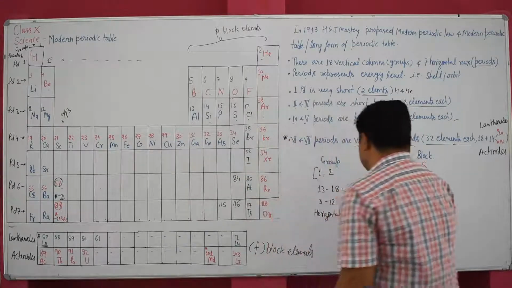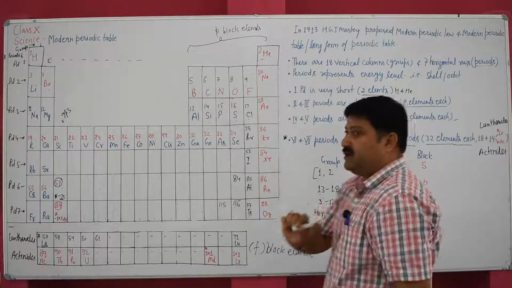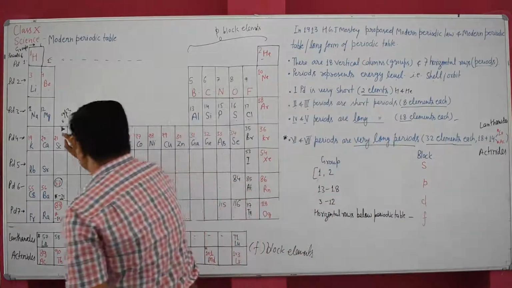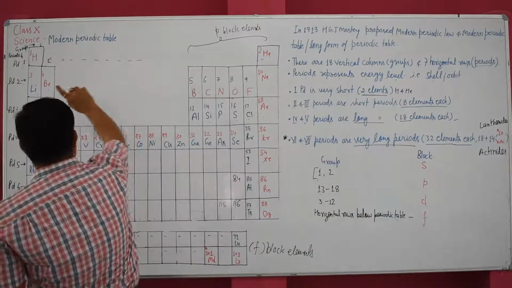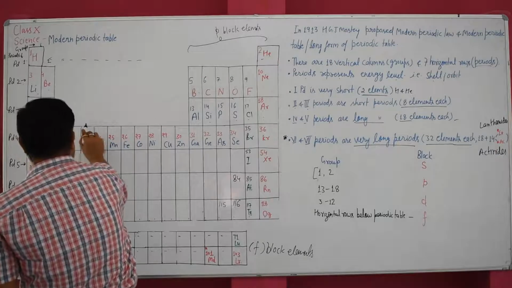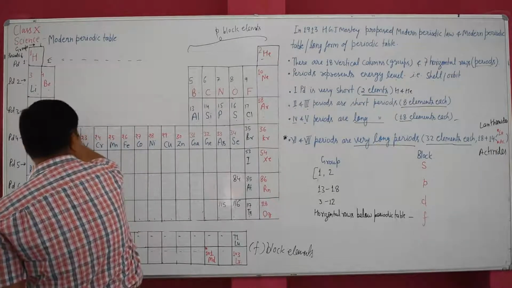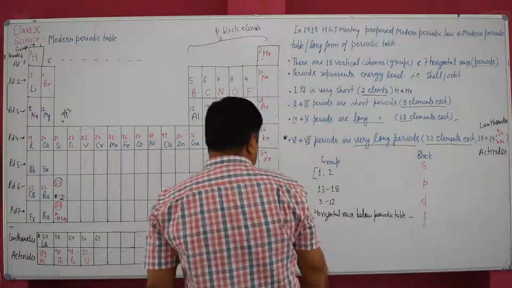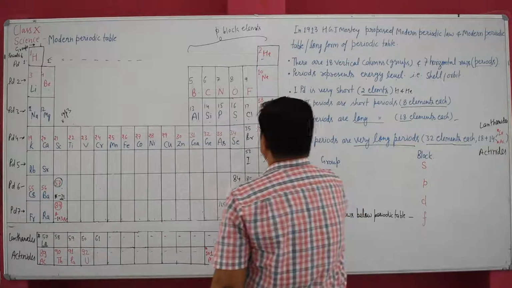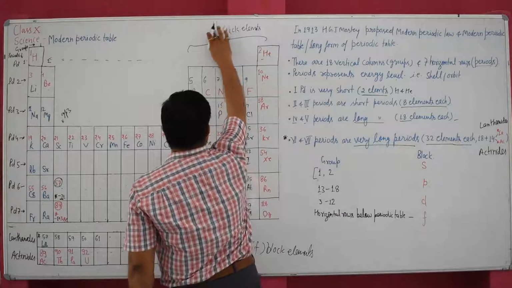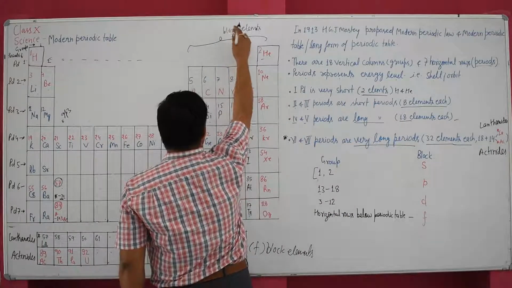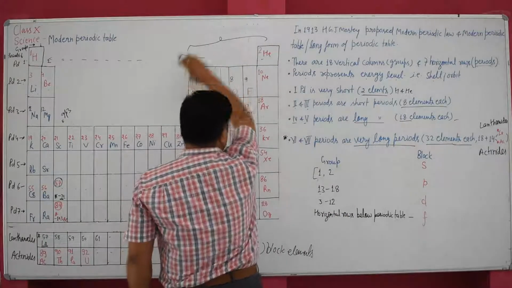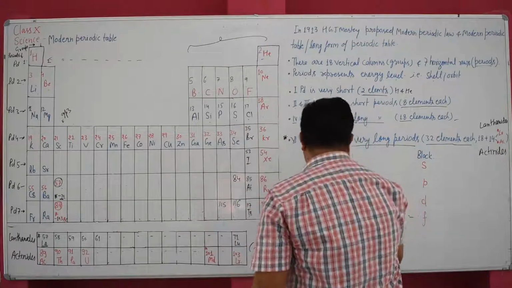And 13 to 18, these groups, these are the D block elements.